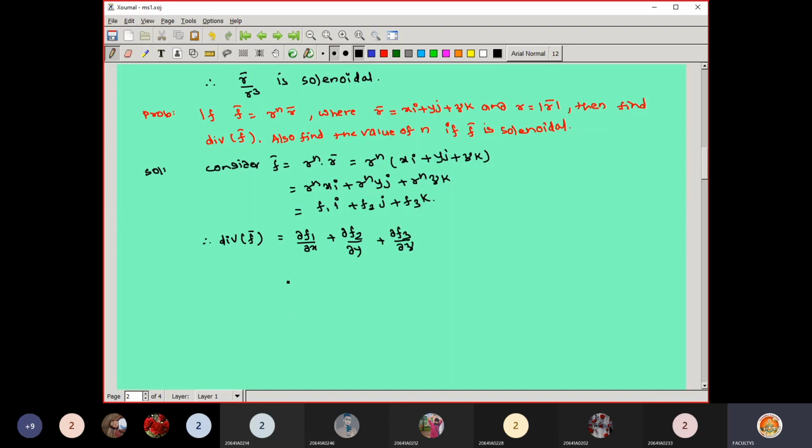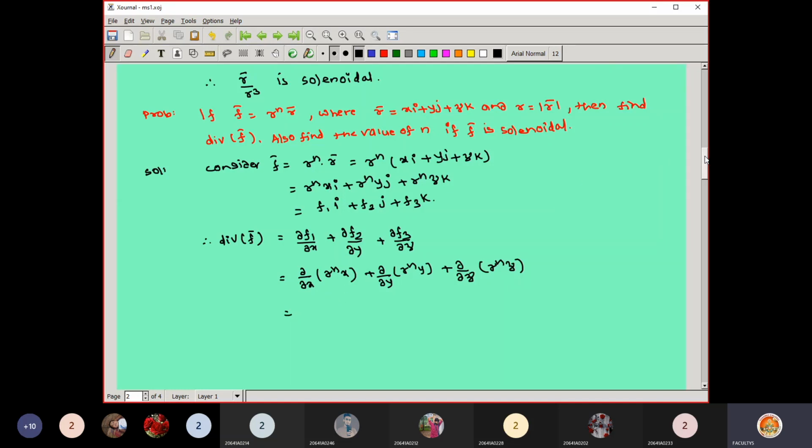So directly take the differentiation: dou by dou x of f1, which is r power n into x, plus dou by dou y of r power n into y, plus dou by dou z of r power n into z. It is the same procedure we did in the last problem.